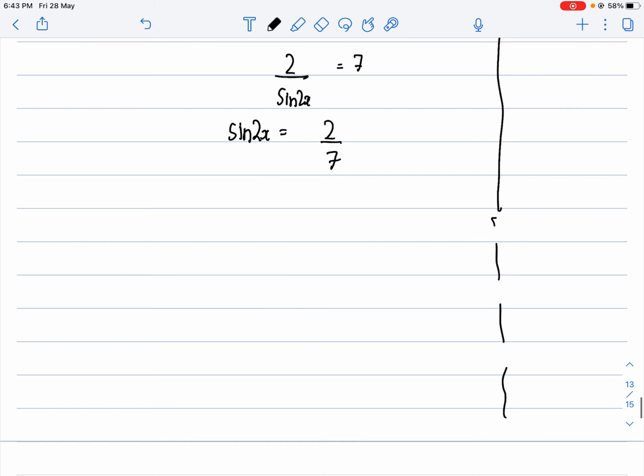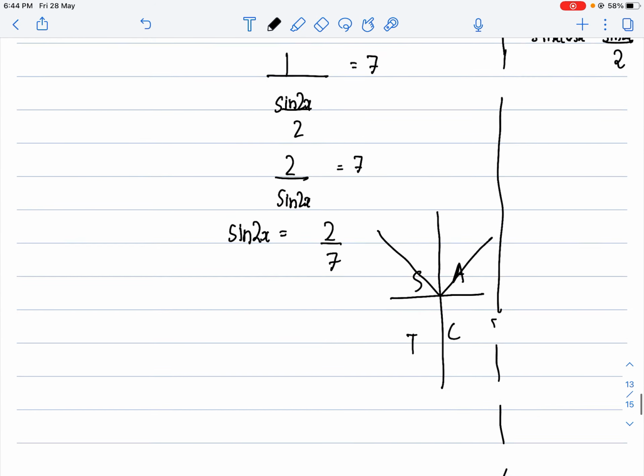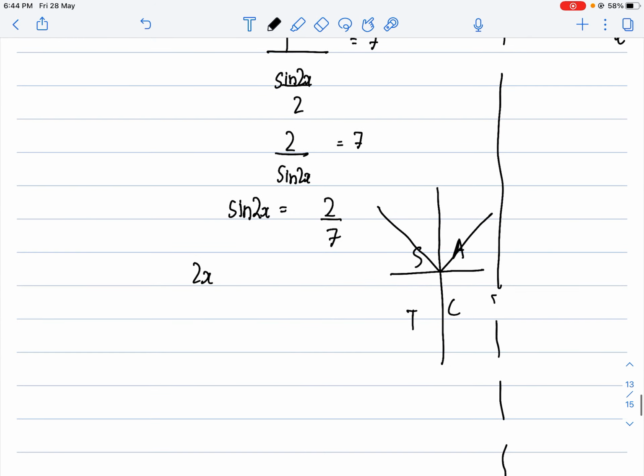Now I need sin to be positive. Okay, ASTC. So sin is positive in the first quadrant and in the second quadrant. I need to maintain the degree mode because 0 degrees to 90 degrees, correct? So I can simply do sine inverse of 2 over 7, first making sure you're on degree mode.